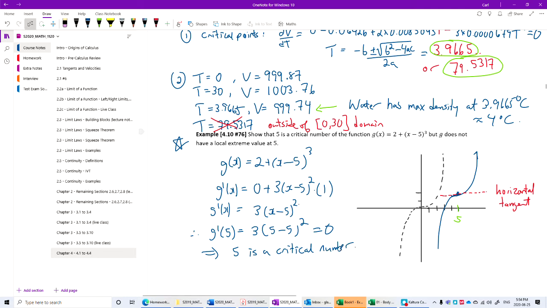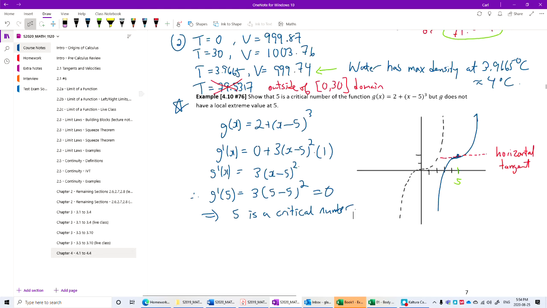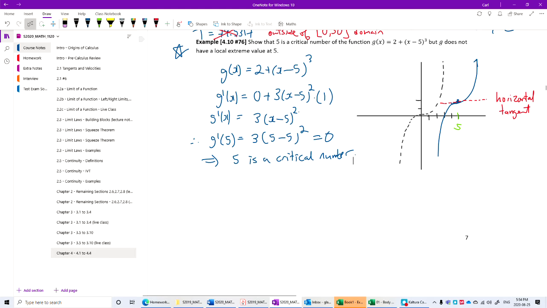Now, how do I know it's not a local extreme? Well, let's think about this. If I take a number that's near 5, let's zoom in on the graph here.